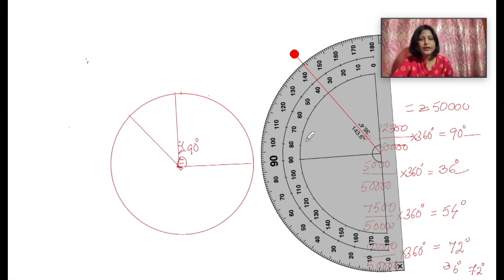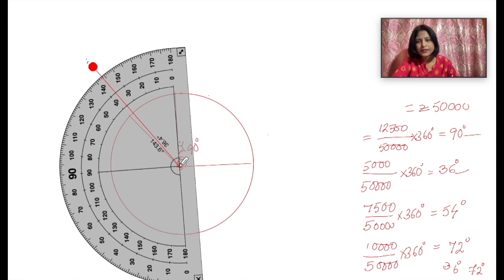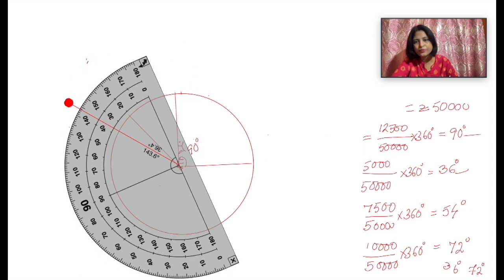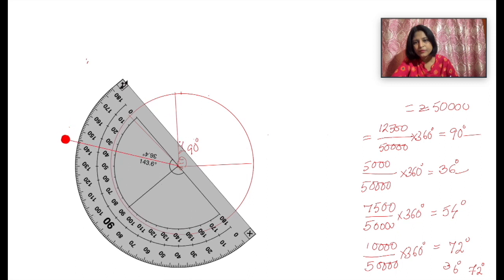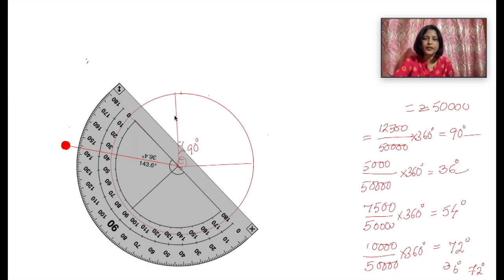Next again we have to place the protector at the center and the base of the protector has to coincide with the arm of the second sector. Next angle is 54 degrees. So starting from 0 here on top, you can see my cursor here, 0, 10, 20, 30, 40.